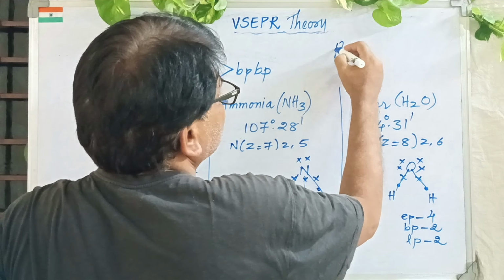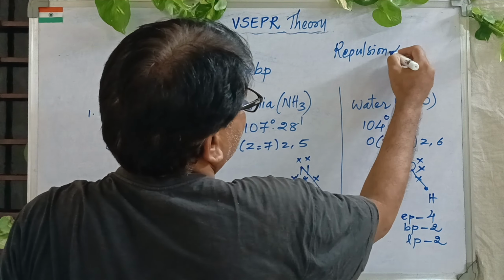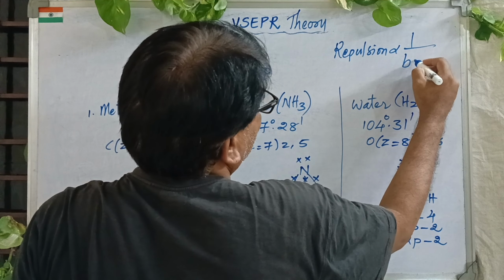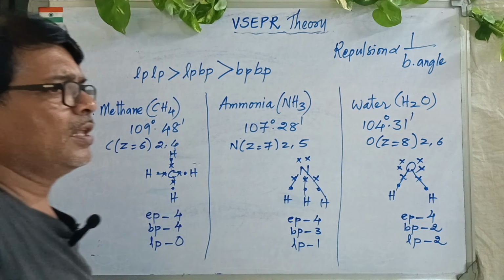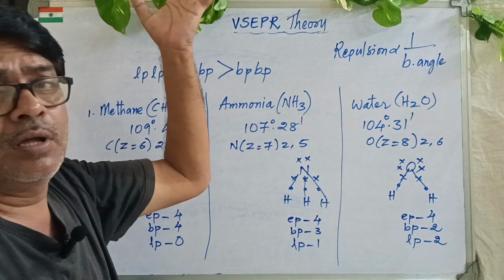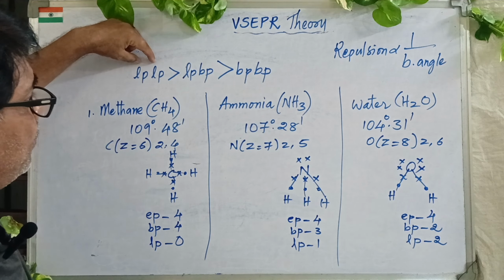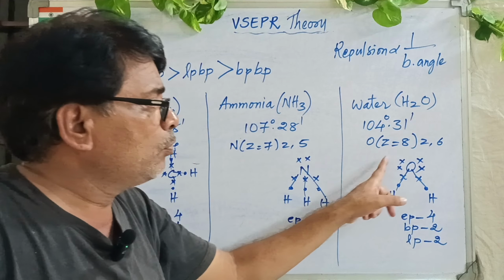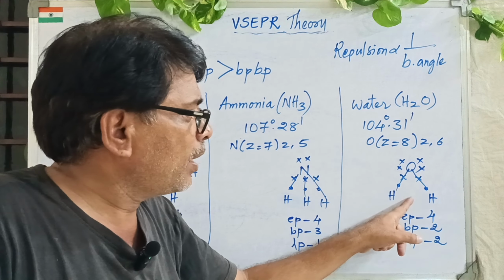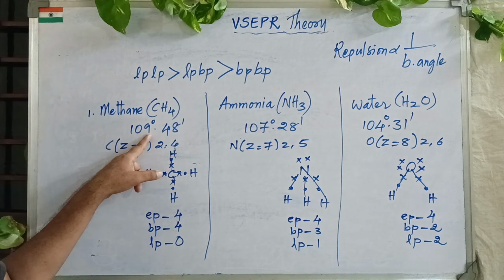Repulsion is inversely proportional to bond angle. That means if the repulsion is more, the bond angle is less. Where do you find 2 lone pairs? Here, in water. Therefore, the bond angle should be less here. Exactly. The bond angle in methane is 109.